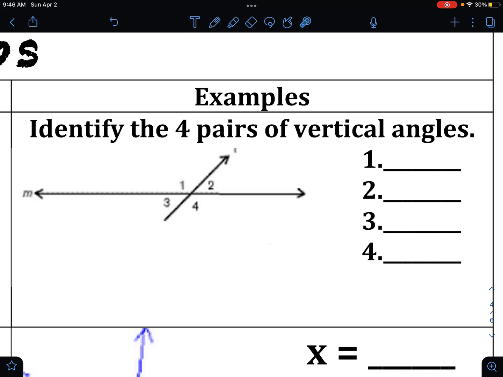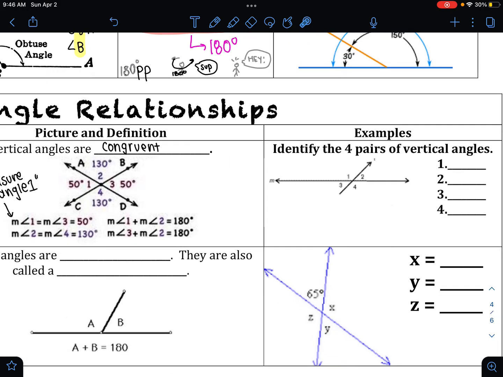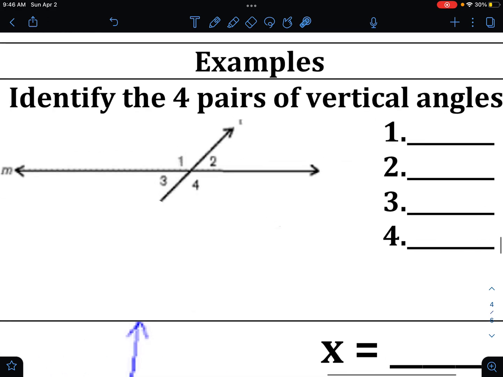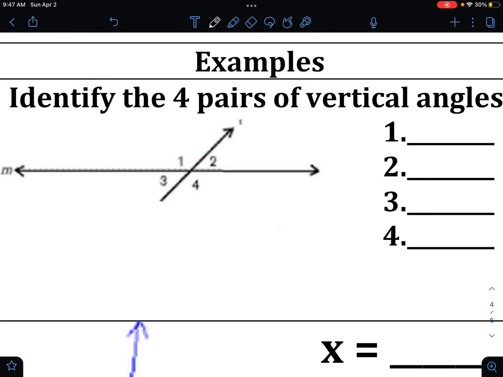So the first pair of vertical angles, I have this line crossing this line. I said that vertical angles, the ones that are across from each other, are congruent or the exact same. So measure of angle 1 is going to be congruent to angle 4.